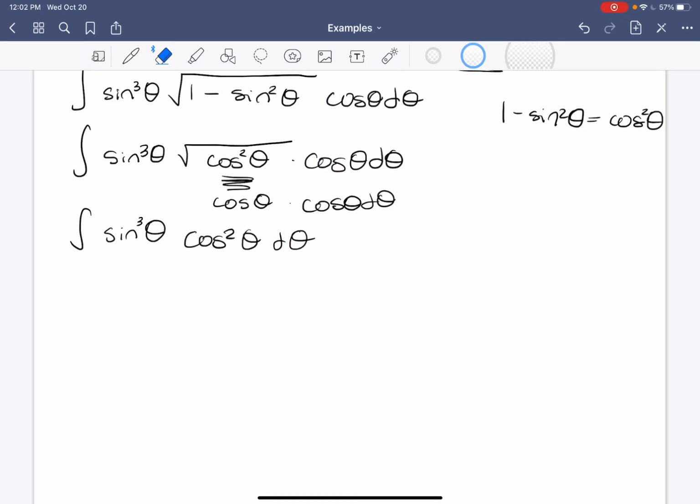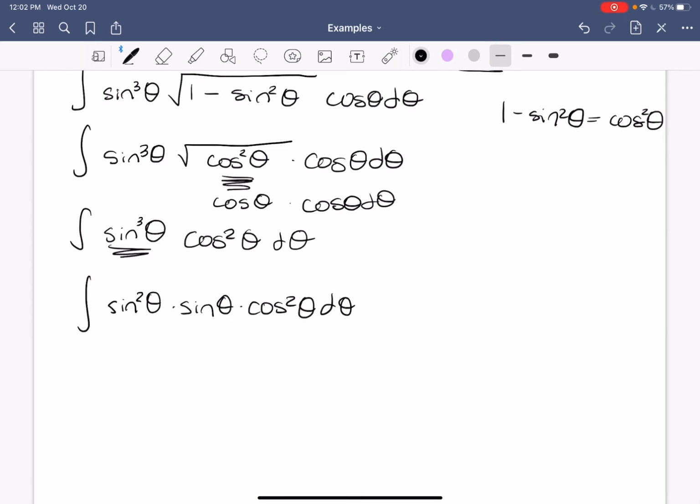Now we can further simplify this term right here. We can split that, and it'll be the integral of sine squared theta times sine theta times cosine squared theta d theta.